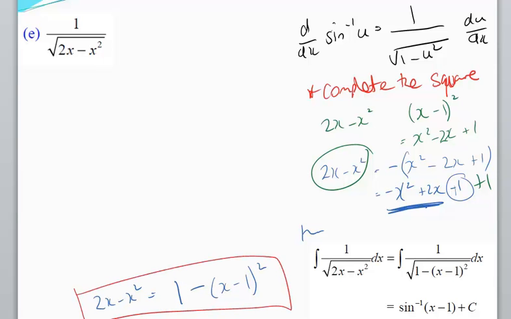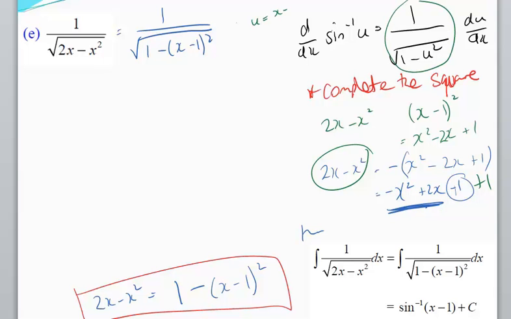So all of that work, and we've ended up with this one here. Putting back into our equation, 1 on square root of 1 minus x minus 1 all squared. We can go through those steps and just make sure we got that correct as we go as well. So now when we look at this, we've got this in the format that we need.